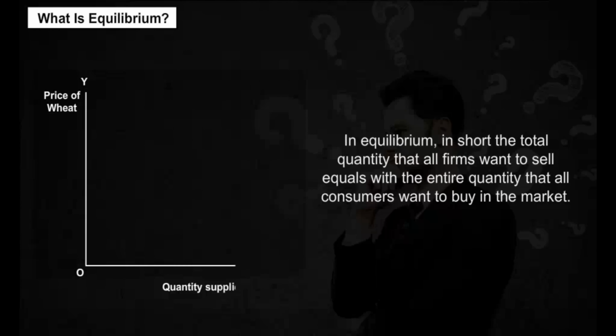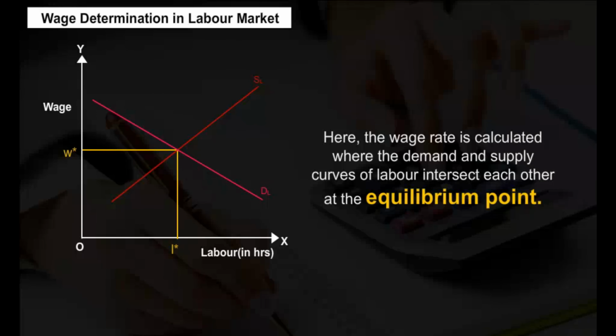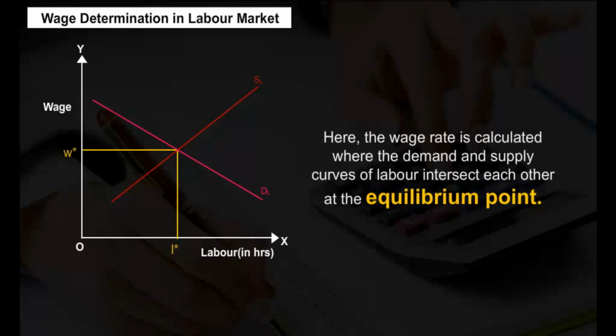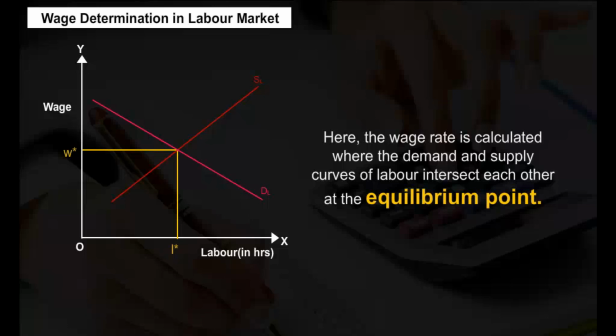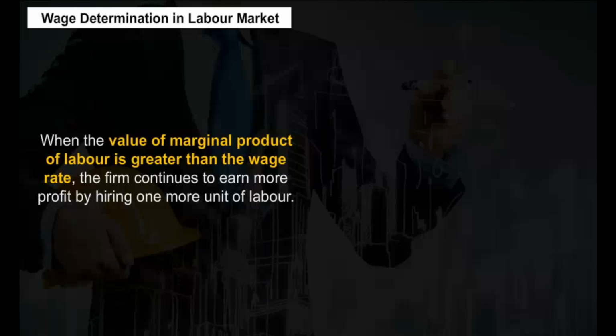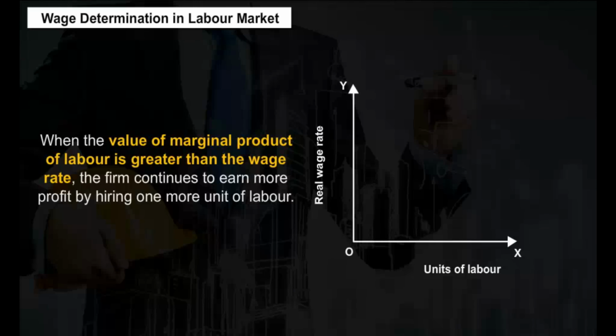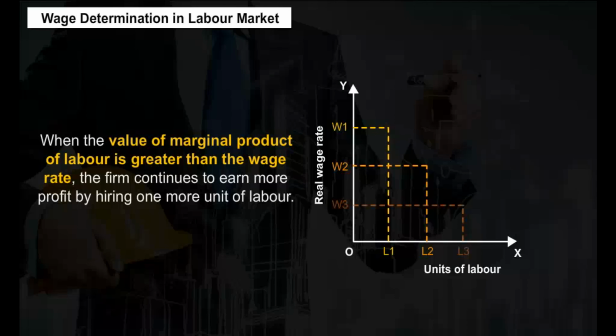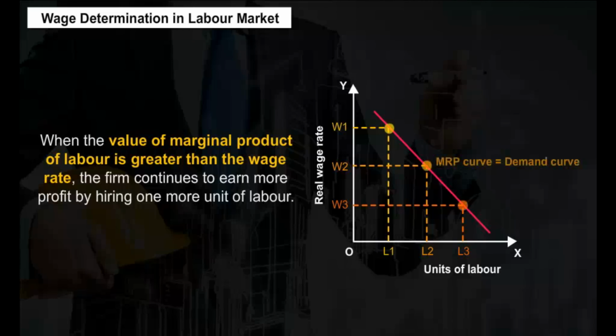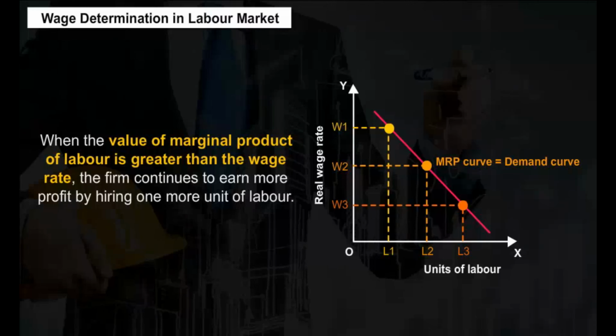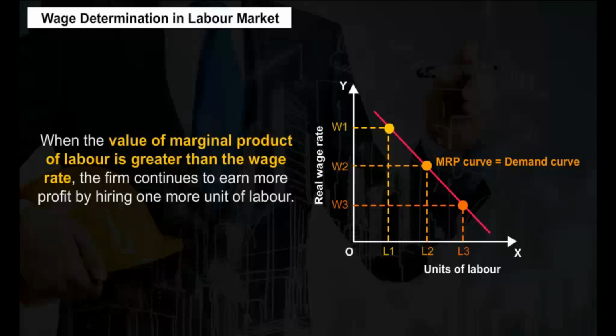Here, the wage rate is determined when the demand and supply curves of labor intersect each other at the equilibrium point. When the value of marginal product of labor is greater than the wage rate, the firm continues to earn more profit by hiring one more unit of labor.